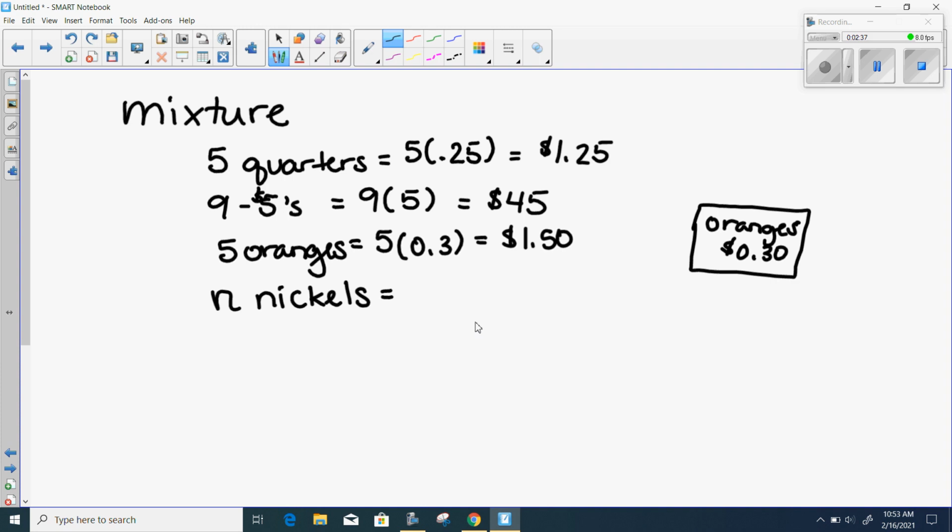I can't tell you $1 or 45 cents or $3.35. I have to give you an expression that describes how much it is depending on what N ends up being. If I have N nickels, and nickels are 5 cents apiece, that means I have 0.05 times N dollars.